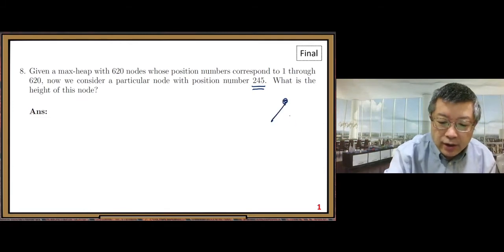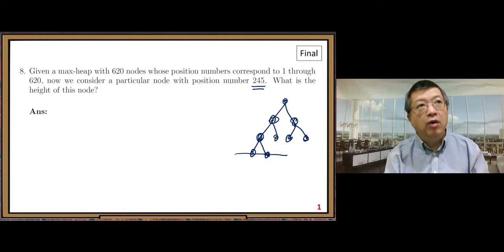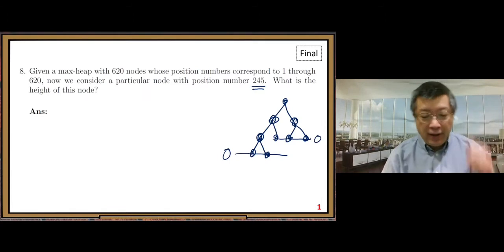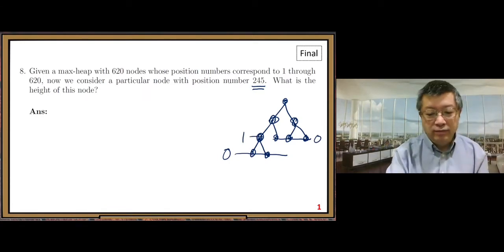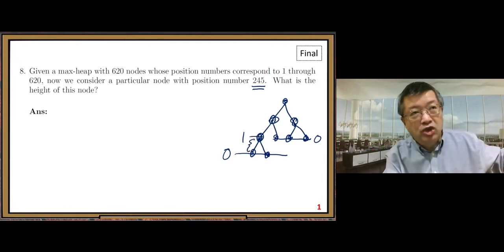So here, let me draw a quick, simple case. We know the bottom level is always height 0. So for these elements, height 0. Then this one is height 1, because there is one edge to reach the bottom.